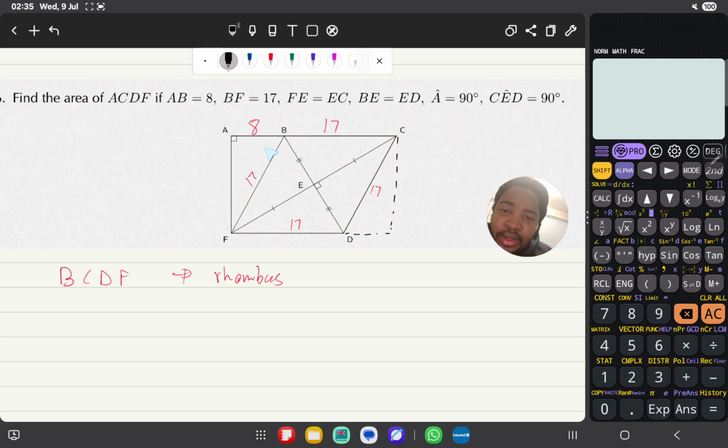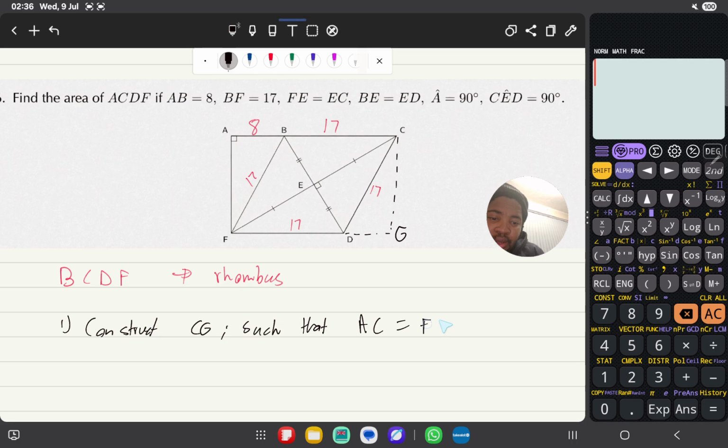We have A, B, C, D, E, F. So we have G. So number one, you construct CG such that AC equals FG.